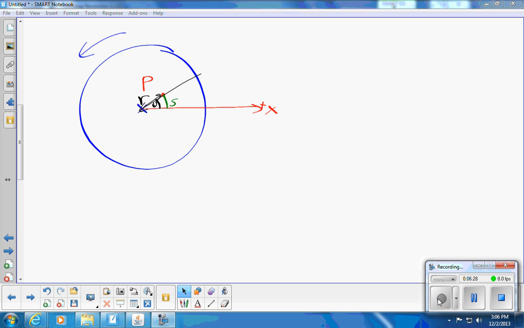Now, I want to make a distinction between this little distance r, which is the distance that P is from the axis of rotation, and the radius of this actual disk, which I will mark here with a large capital R, and that is the radius of this rigid rotating object. Point P is a distance little r away from the center. I really want to make the distinction because I'm going to be using big R and little r in different ways. So please be careful in these notations.